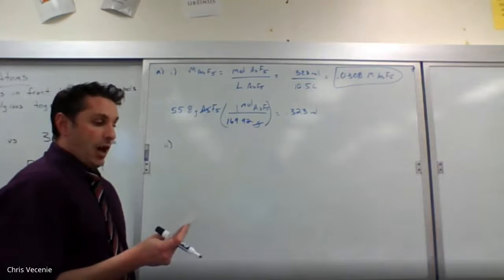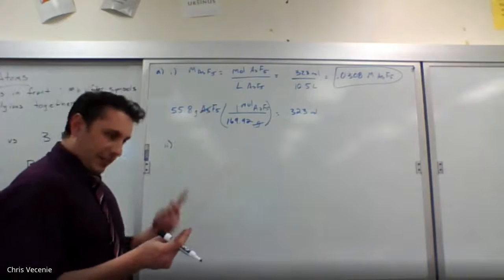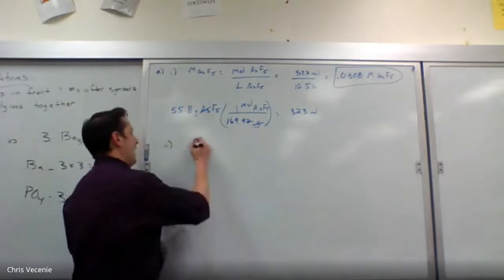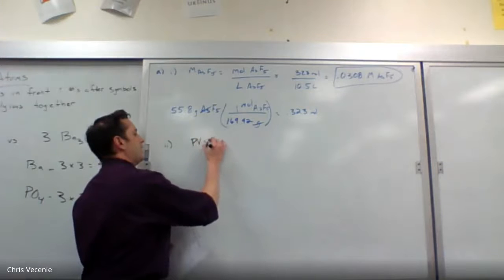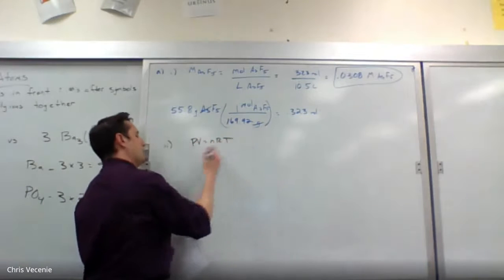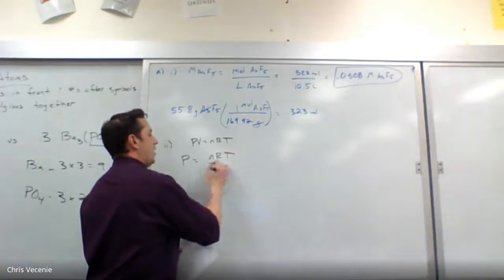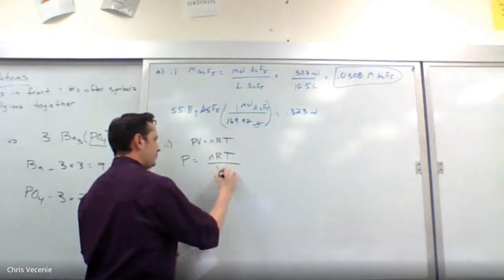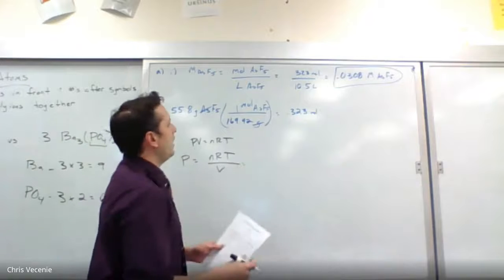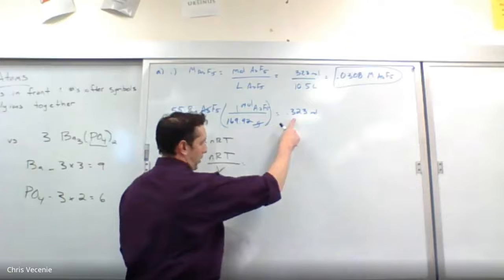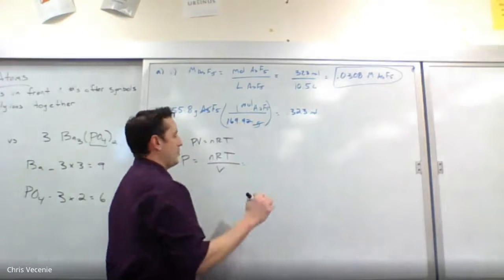I've got moles, and I've got liters, and I've got temperature, and all of that hopefully feels like a PV equals nRT problem. So if I want the pressure, I will take nRT over V, and we plug some values. Now be careful, my moles is the 0.323. Don't just grab your final answer.